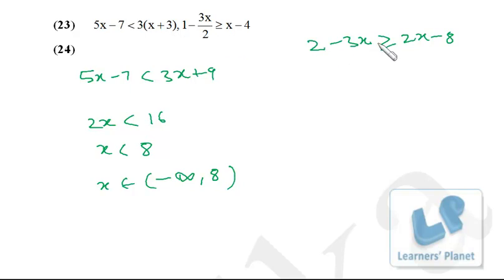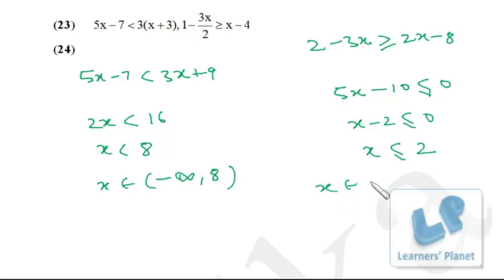So 2 minus 3x is greater than or equal to 2x minus 8. So we take 3x this side, so we'll be getting 5x minus 8 and minus 2, that's minus 10, less than or equal to 0. So x minus 2 less than or equal to 0, so x is less than or equal to 2. That means x belongs to minus infinity to 2 and 2 is included.